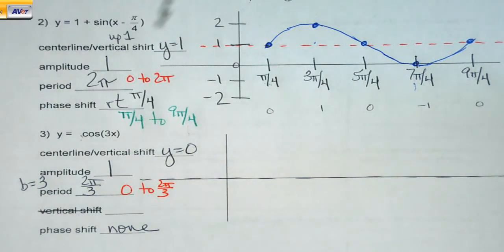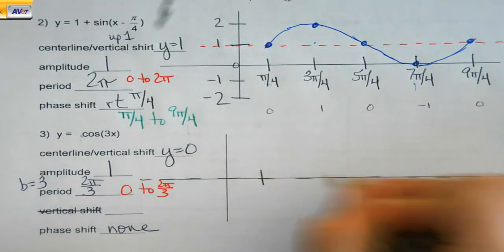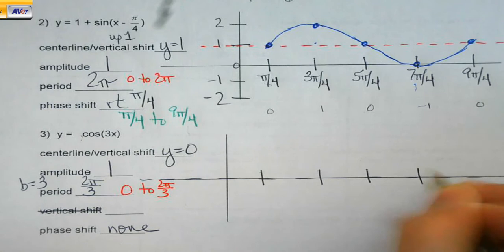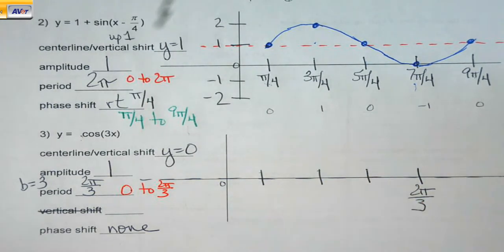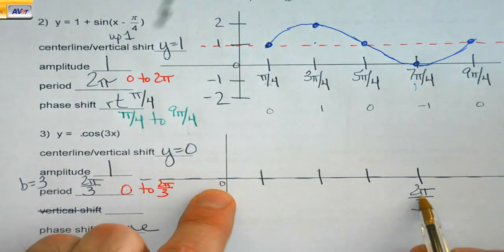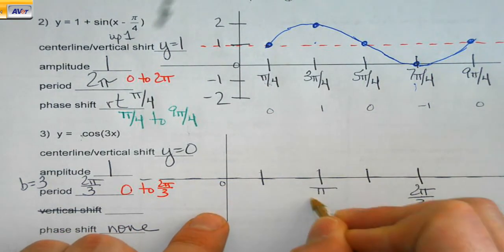So really the only change happening here is the period is getting squished. It's not shifting at all, though. So I know I'm going to be starting at 0, and I know I'm going to be ending my period at 2 pi over 3. And now, similar to what we did up in number 2, I have options on how I want to come up with the rest of these. One way is to go, okay, what's between 0 and 2 pi? 1 pi.